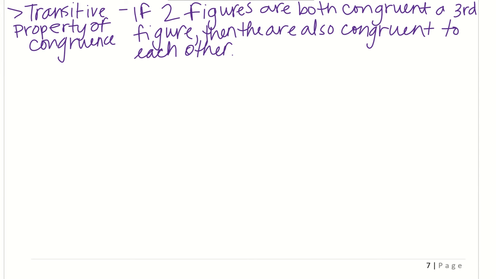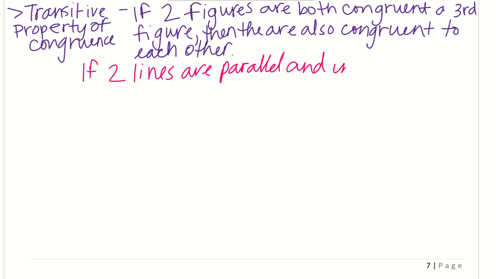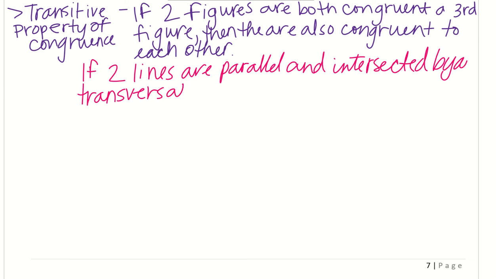So the if statement for the next 4 is if two lines are parallel and intersected by a transversal, and then we'll finish out with the thens for each one of them.